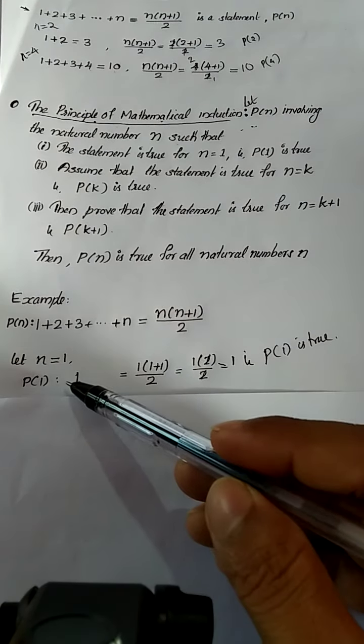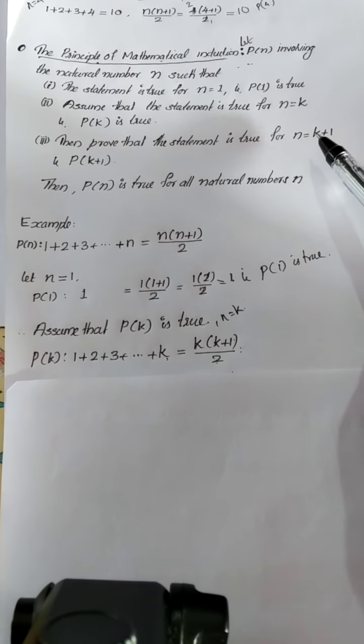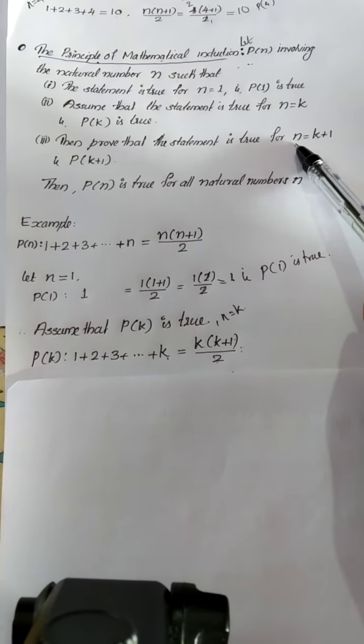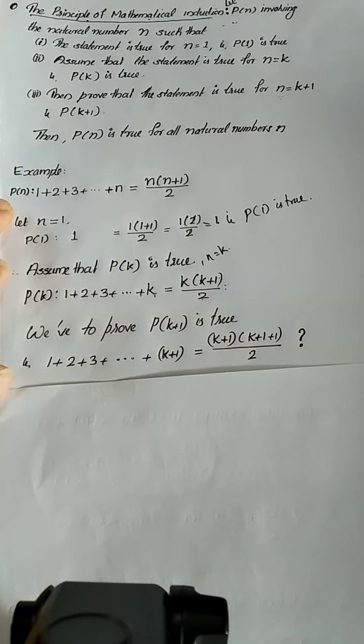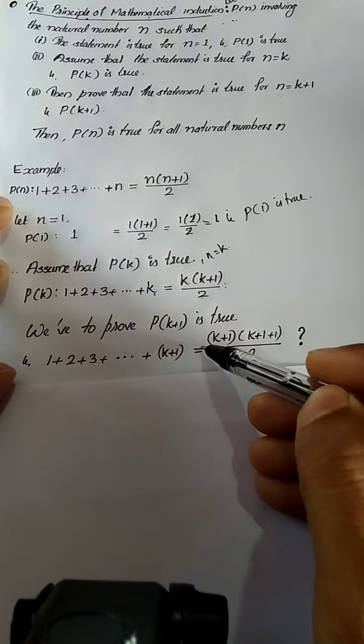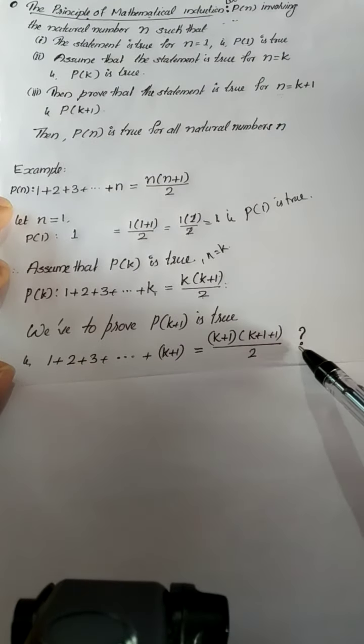Now we want to prove that the statement is true for n equal to k plus 1. So this is P of k plus 1. We don't know whether it is right or not, but we want to prove this one.